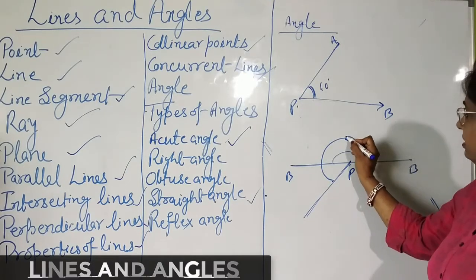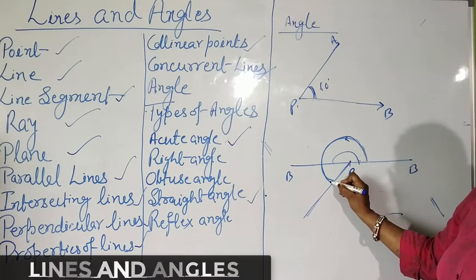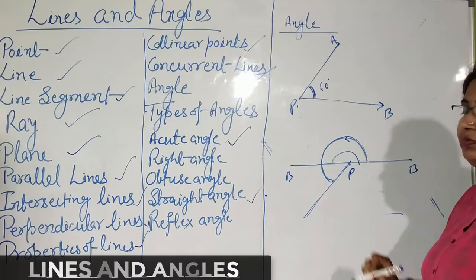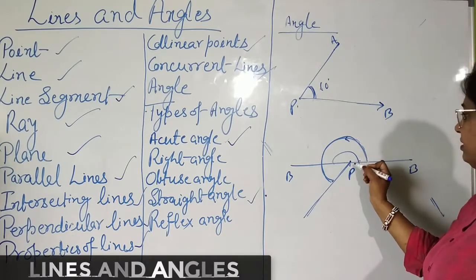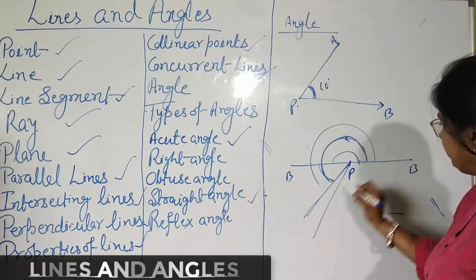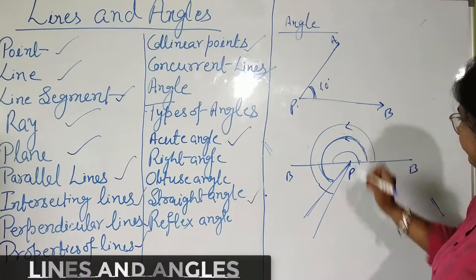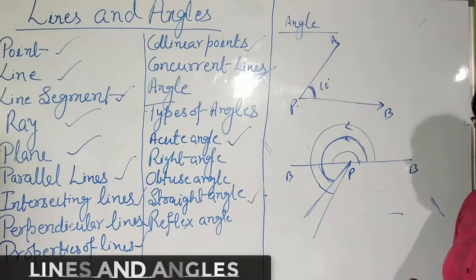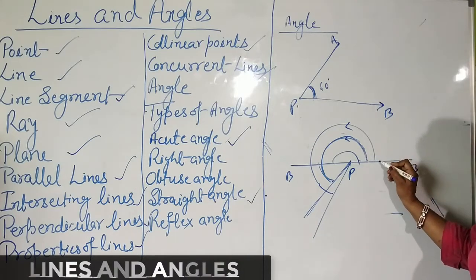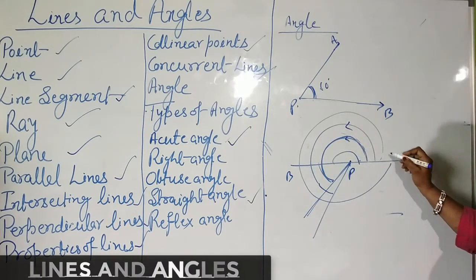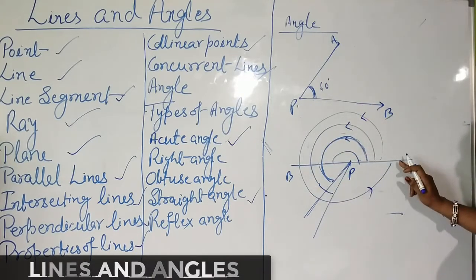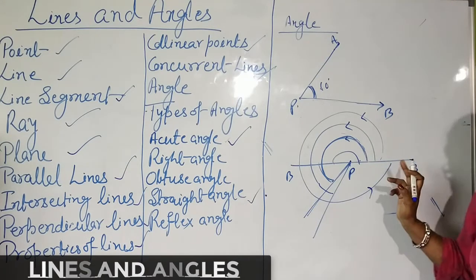Suppose 210 degrees is a reflex angle. Greater than 180 degrees is a reflex angle, and if it completes, the complete angle is 360 degrees.